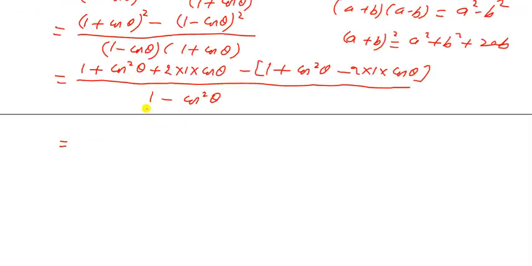Now what will happen in this? Open the bracket first. So 1 plus cos square theta plus 2 cos theta minus 1 minus cos square theta plus 2 cos theta. This minus becomes positive with the help of this negative sign.